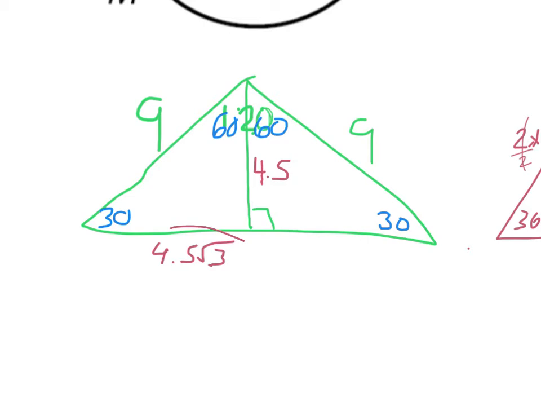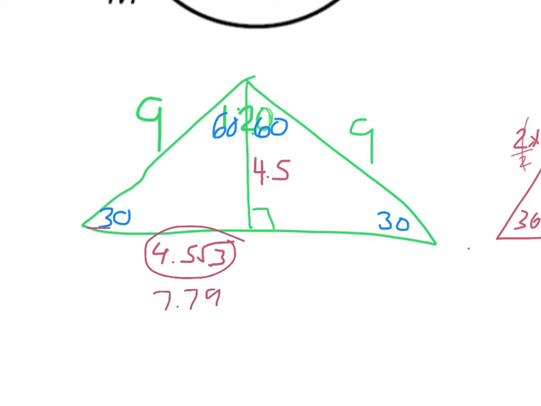Okay, now I'm going to put this into the calculator to find out what it is. So we have 4.5 times square root 3, which gives us 7.79.